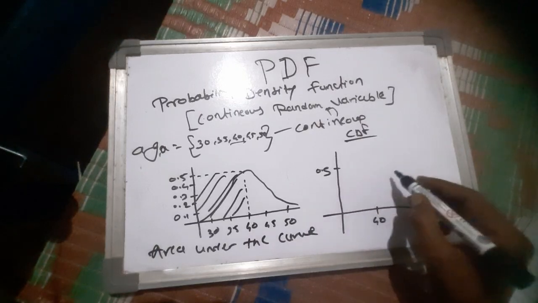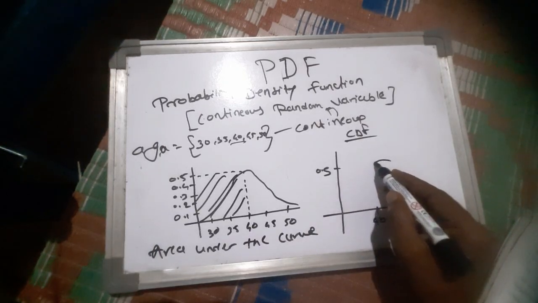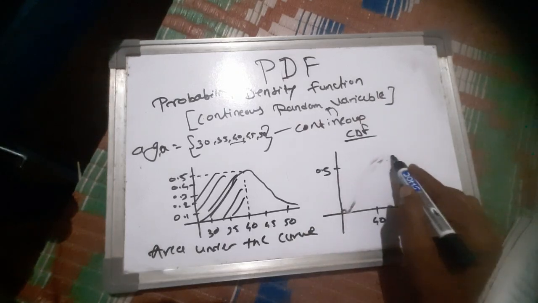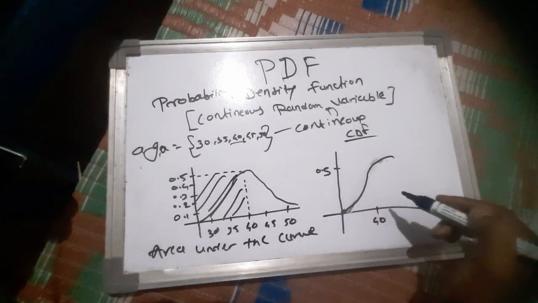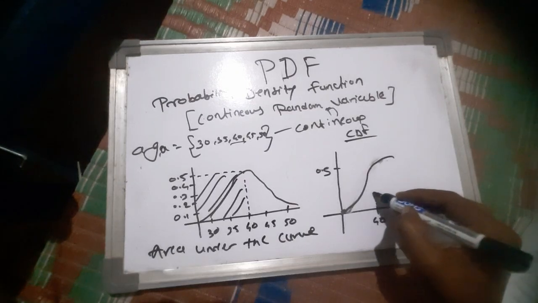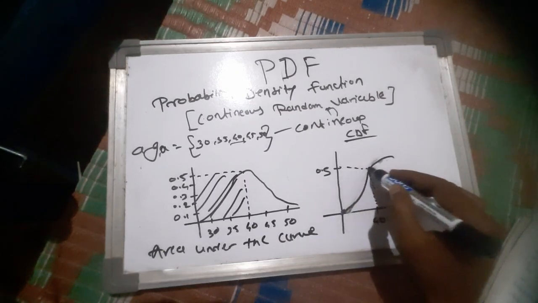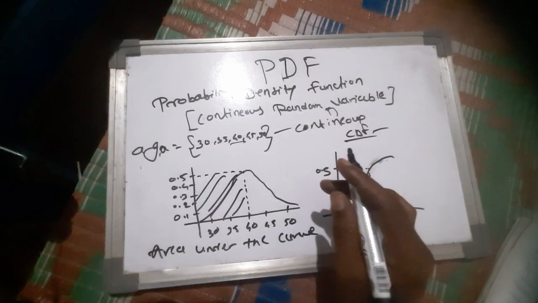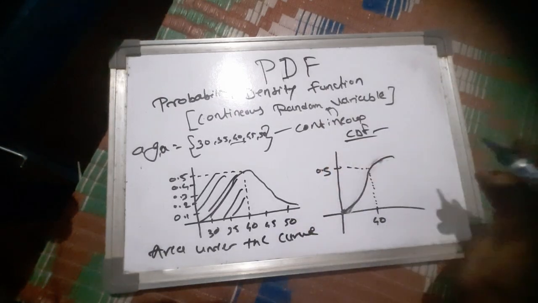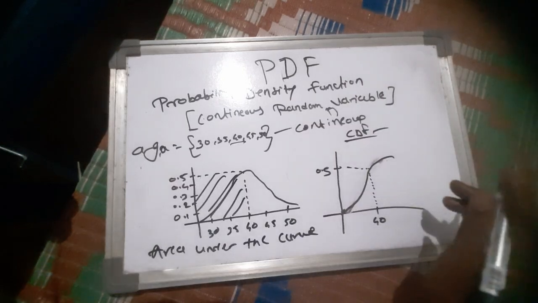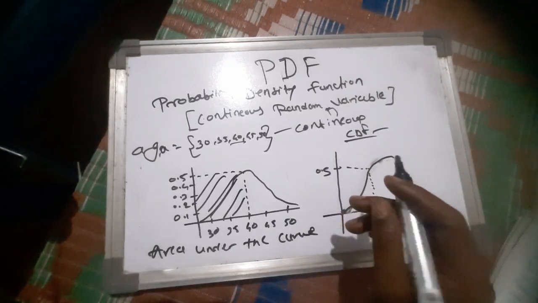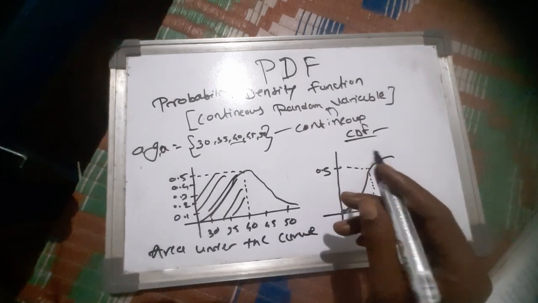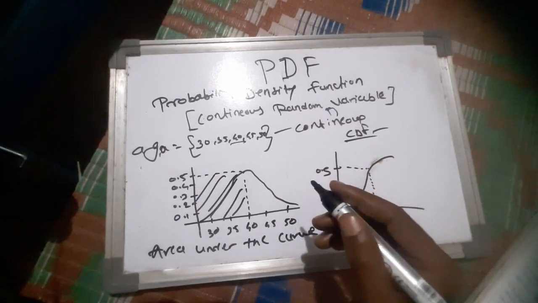The graph looks like an S curve. This is for a CDF, the cumulative distribution function, right? Let's consider this graph and calculate the CDF for that.